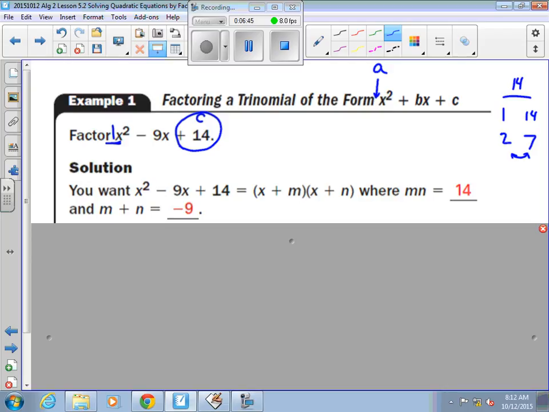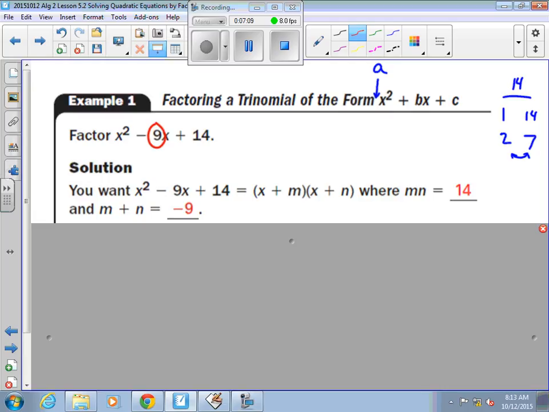Once you have your factors of 14, 1 and 14, that pair, and 2 and 7, look and see which pair of those numbers can you add together and get the number 9. Again, don't think of it as negative 9 right here or as positive 9.